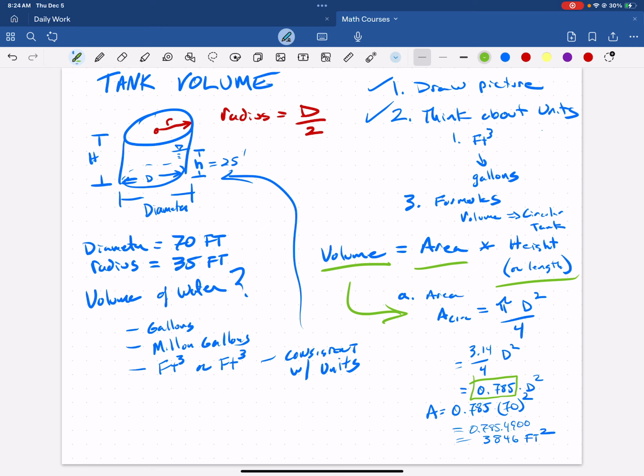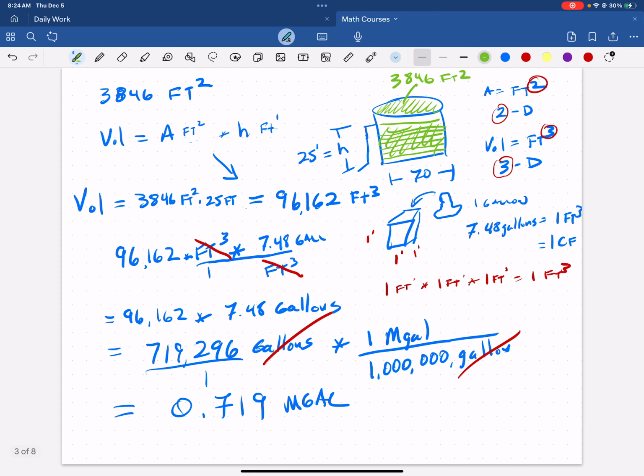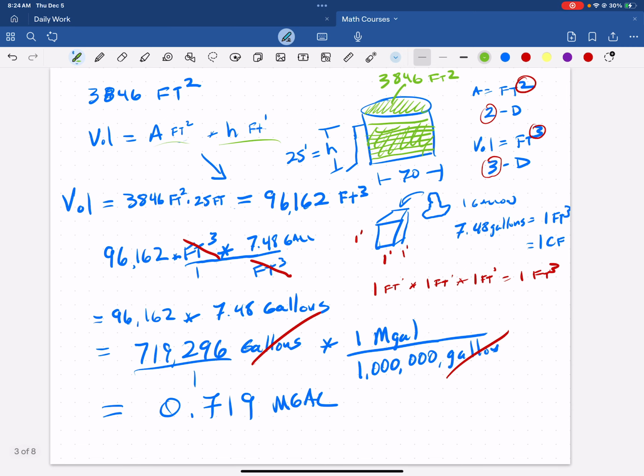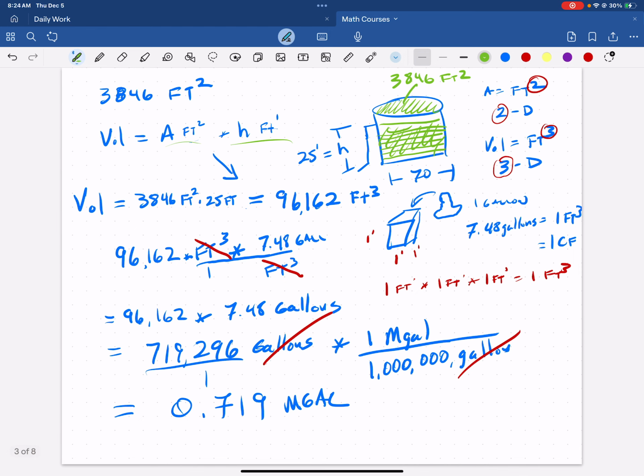Area of a circle is just 0.785, which is 3.14 over 4. That's what this is. Our diameter squared, and we decided it was 3,846 feet squared. Carry that through. We know volume is equal to area times a height. We just plugged the numbers in. We did some unit conversions and came up with an answer, a 0.72 million gallon tank.